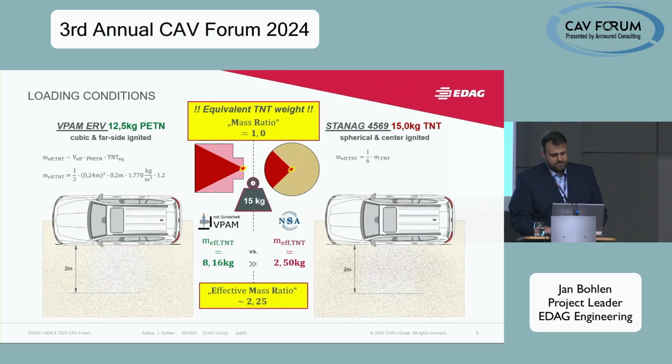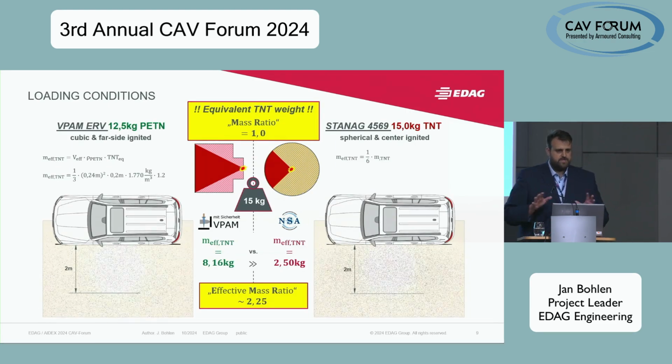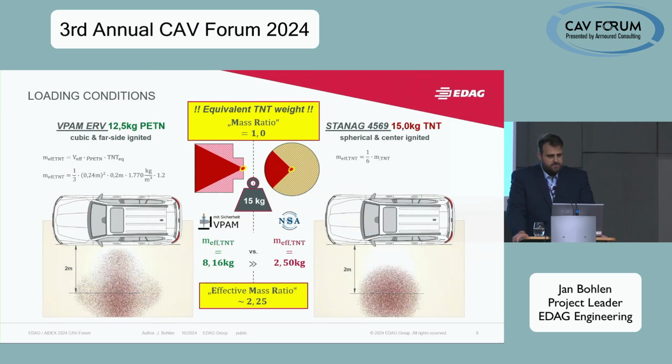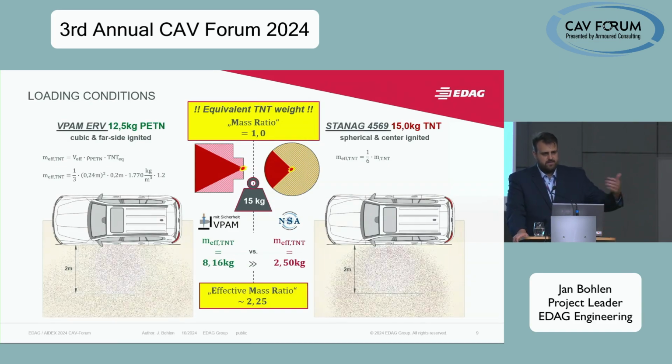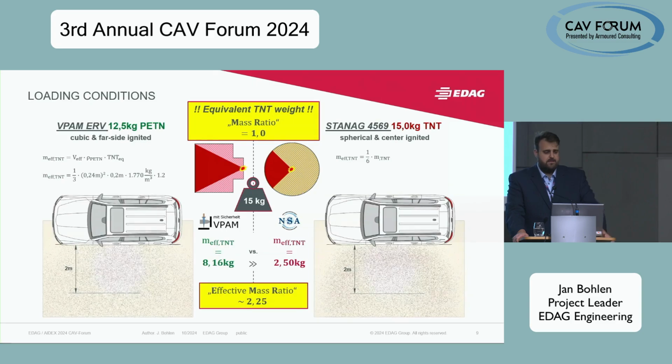And when we do a little math on it, a little geometric comparison, we see that there's an effective mass ratio of the explosive that is directed towards the target, in our case towards the vehicle, of 2.25 times.